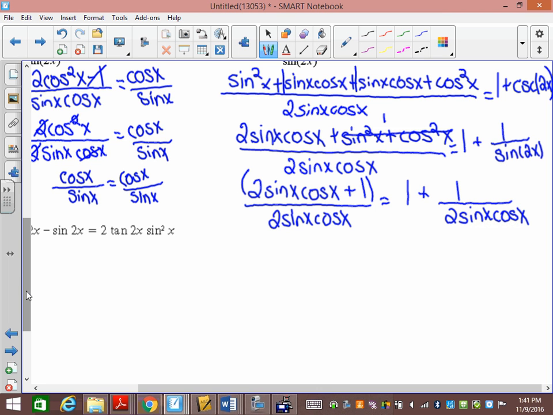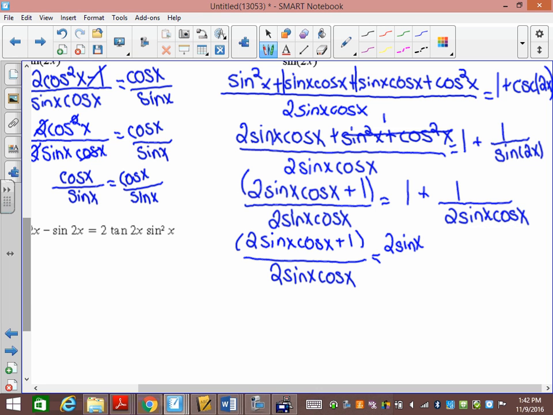I have two fractions that aren't together, so I want to put them together by common denominator. So I'm going to make this 1 be 2 sine x cos x over 2 sine x cos x. This side just stays the way it is because there's nothing I can do with it. So I'm going to change this 1 to 2 sine x cos x over 2 sine x cos x. So I can get a denominator that's common.